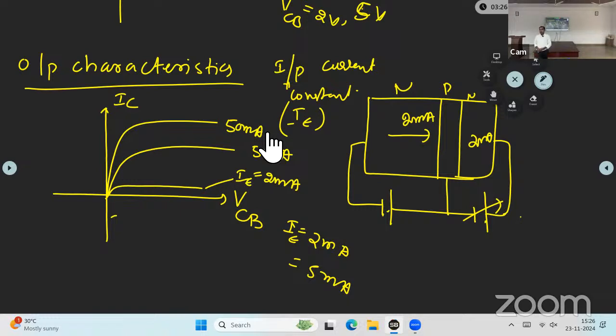Now you can summarize this common base configuration characteristics. To draw the input characteristics, which parameter are we keeping constant?